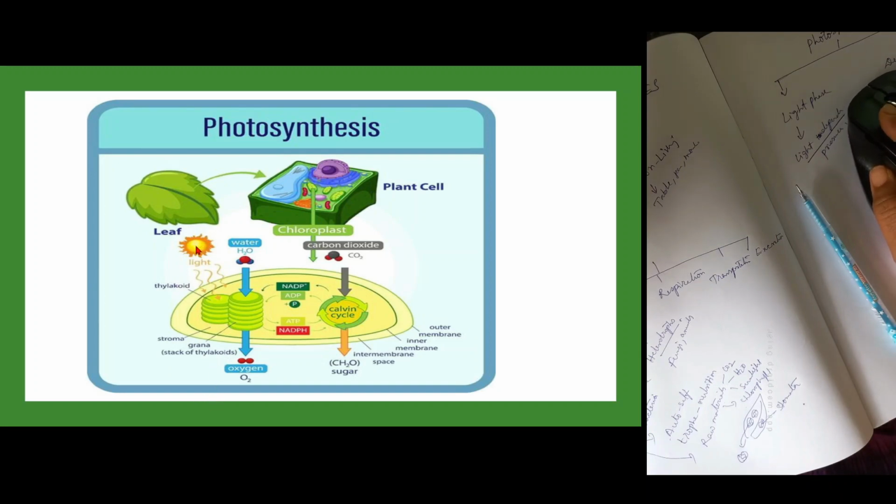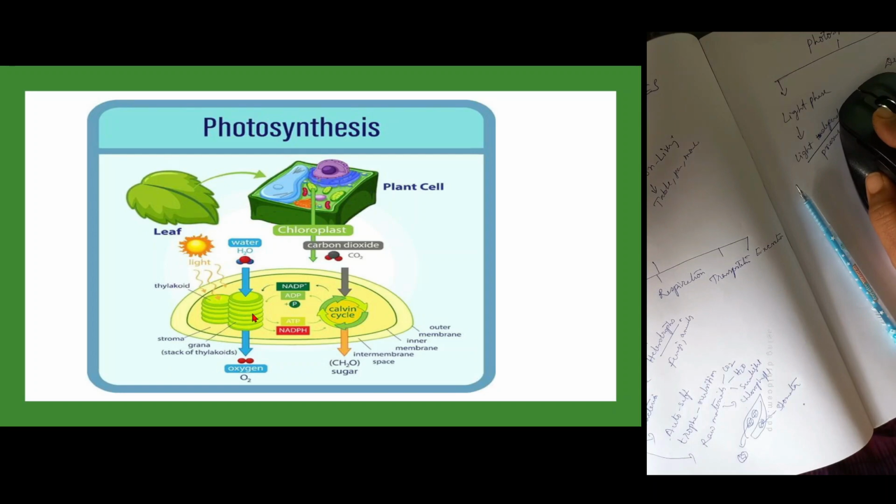The light, this is in the chloroplast as we studied, this is the grana region. Granum is made up of the thylakoid membranes. They will trap the solar energy. When they trap the solar energy, what will happen? The water absorbed through the leaf, through the midvein of the leaf, reaches the organelle called the chloroplast, and that water is split in presence of the sunlight in the grana region.